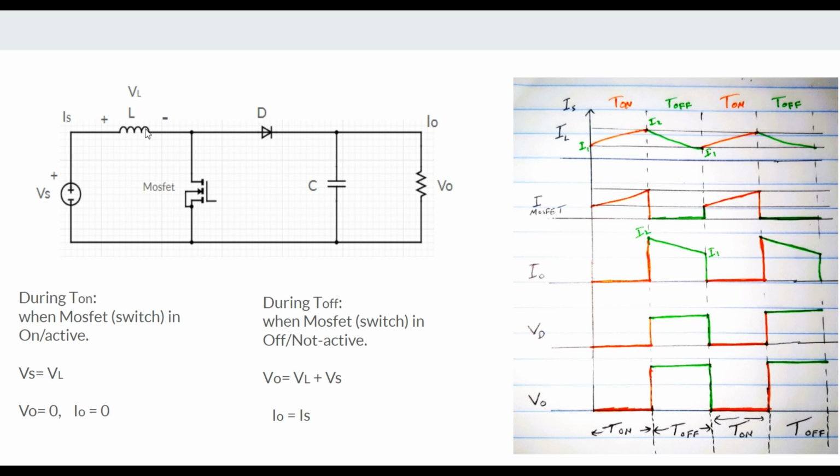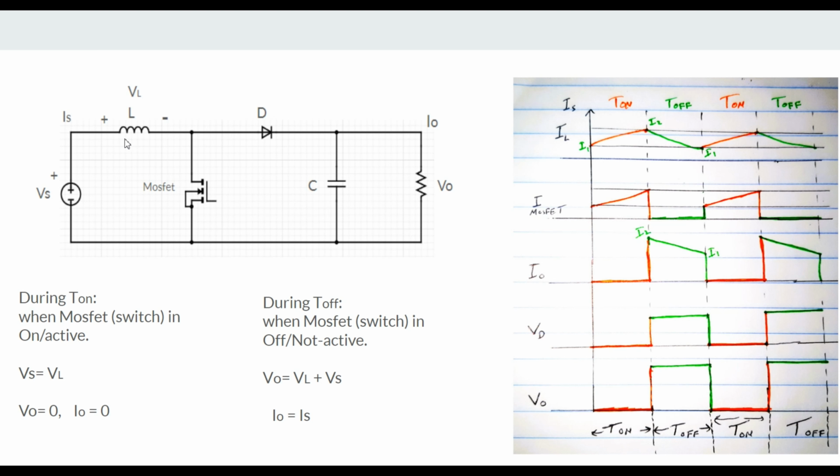But in this inductor, we have a big number of turns of coil, due to which it has a big impedance. So the current needs to change to pass through this inductor, due to which a big magnetic field is generated around it. But the inductor doesn't like to change its behavior, due to which it generates back EMF.